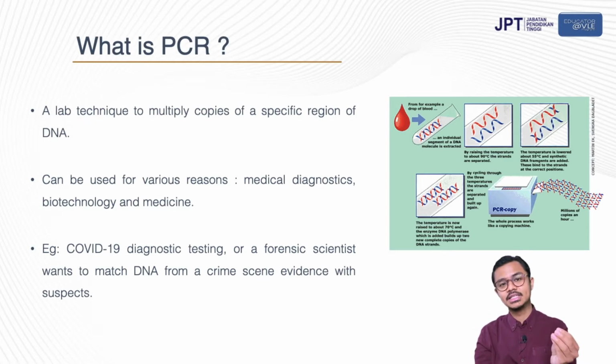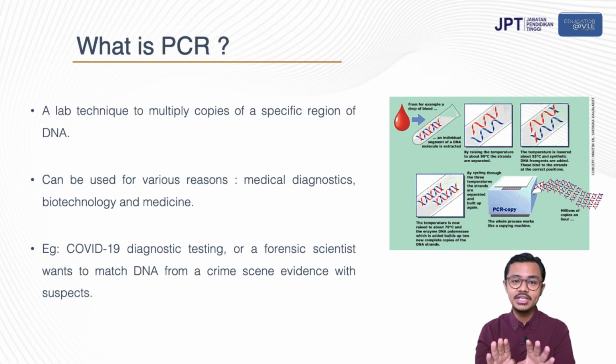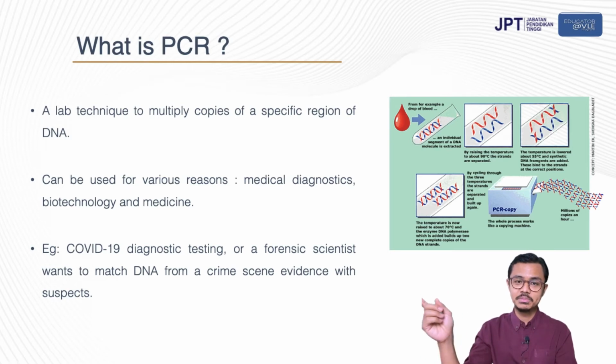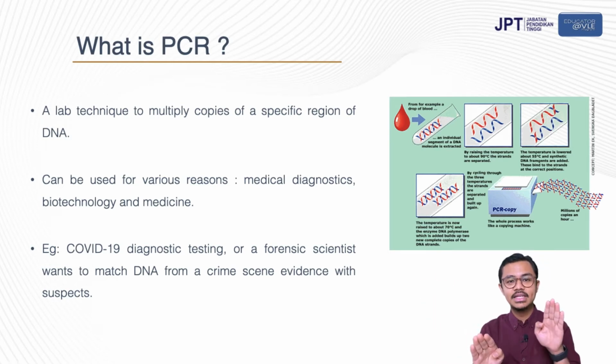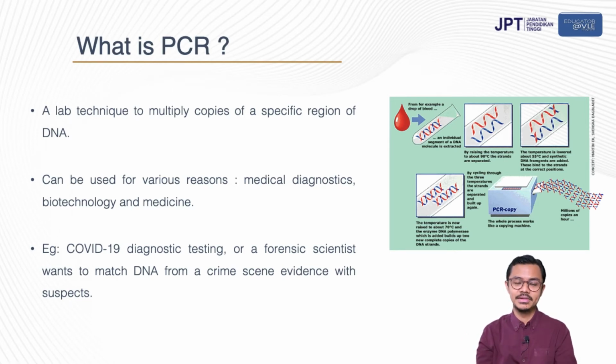We will take this fragment of hair, do some PCR analysis, and then match it with the DNA of the suspect and see whether the DNA from that hair contains the DNA of that particular suspect. So this also uses the PCR method.